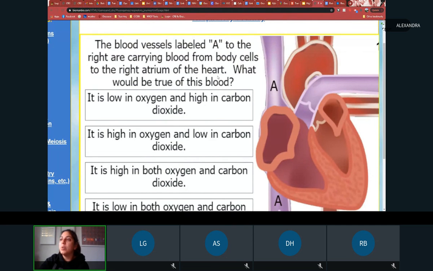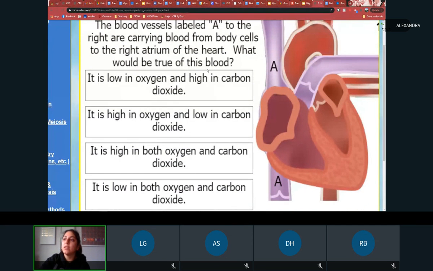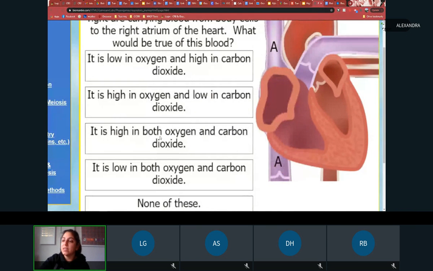Okay, so what would be true of this blood? It is low in oxygen and high in carbon dioxide. It is high in oxygen and low in carbon dioxide. It is high in both oxygen and carbon dioxide. It is low in both oxygen and carbon dioxide, or none of these.